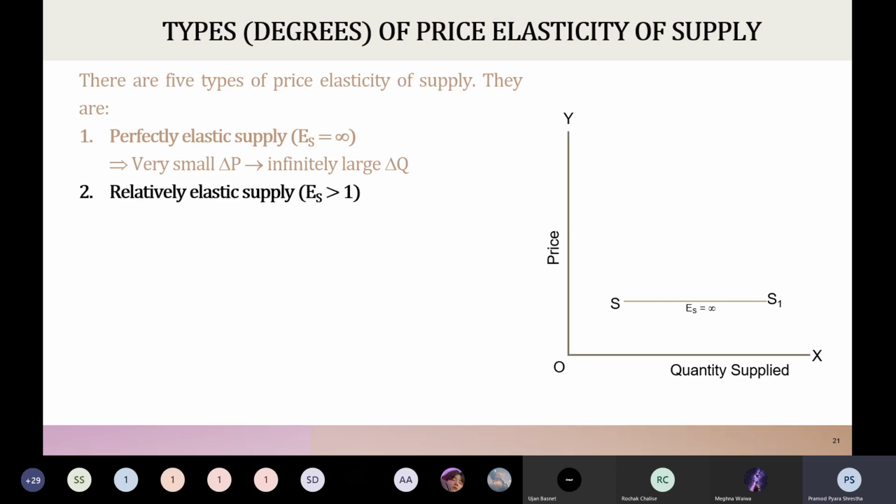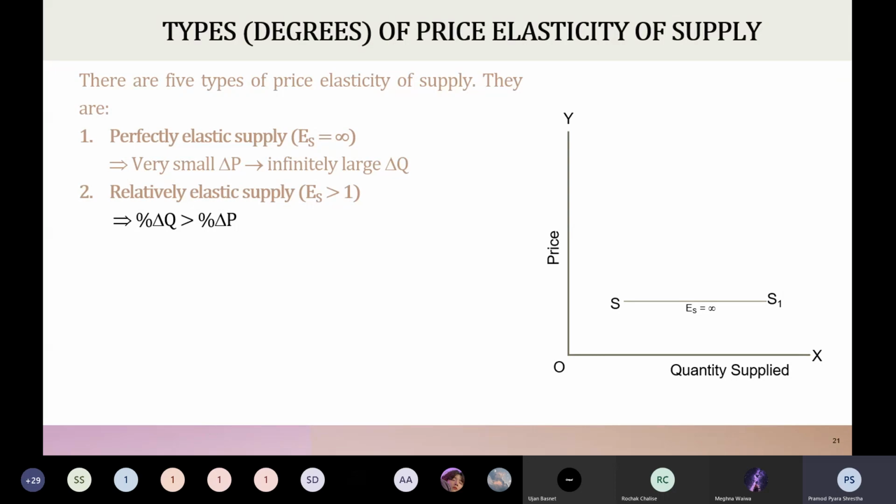Now the next one is relatively elastic supply, where the value of ES is greater than 1, and this is the case where the percentage change in quantity supplied is greater than the percentage change in price.